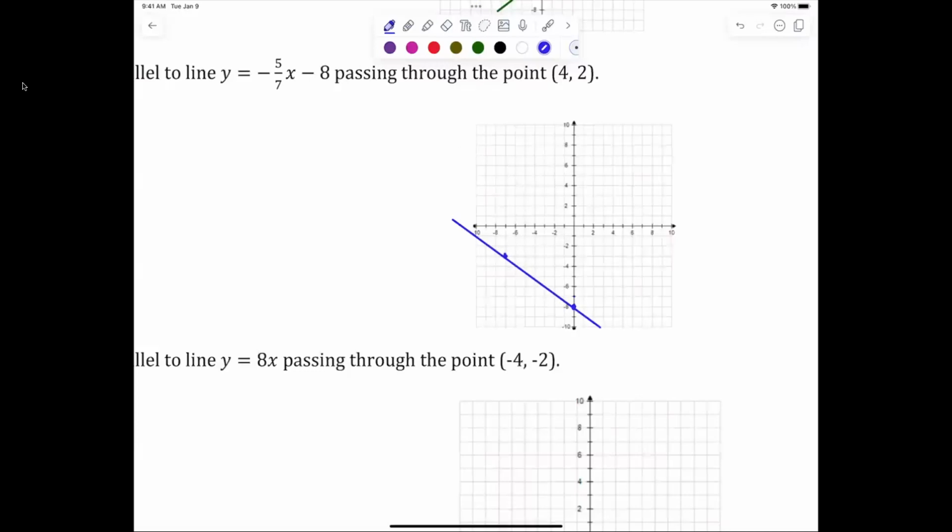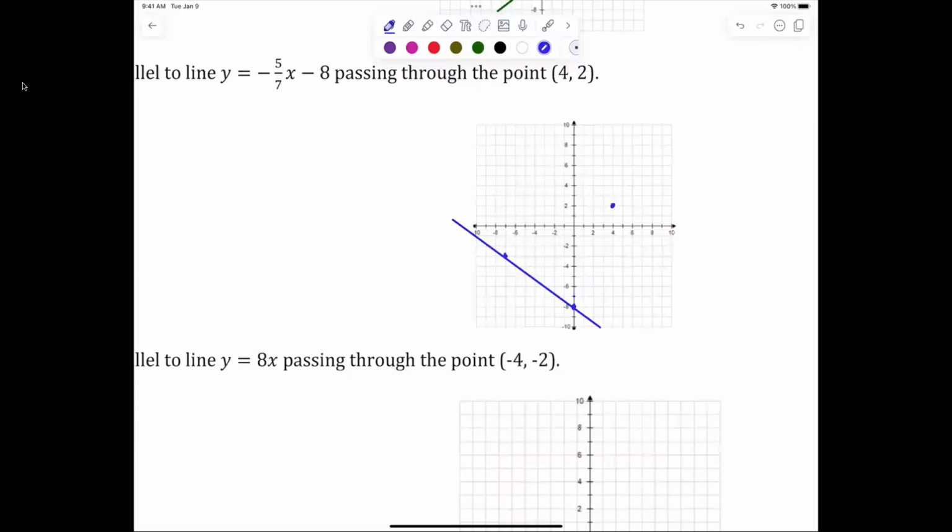So that's your line. Now, everybody graph the point 4, 2. When you graph the point 4, 2, what slope am I going to use for that? I'm going to go from that point down 5 and over 7.